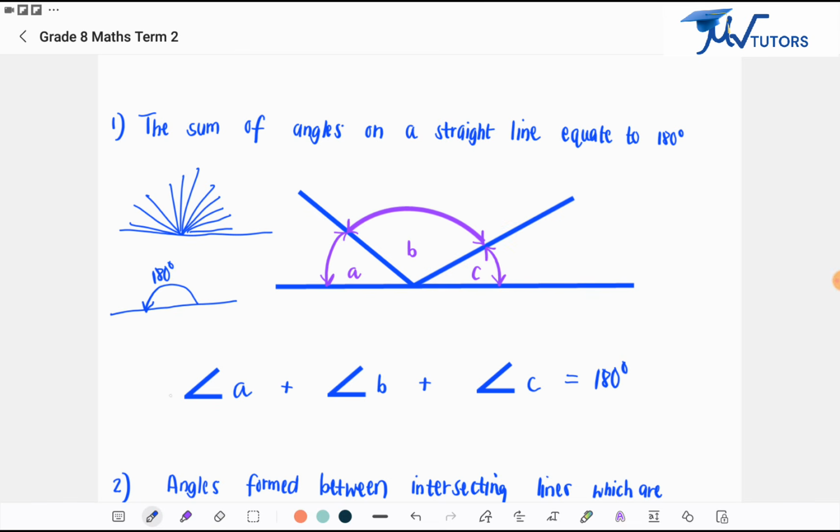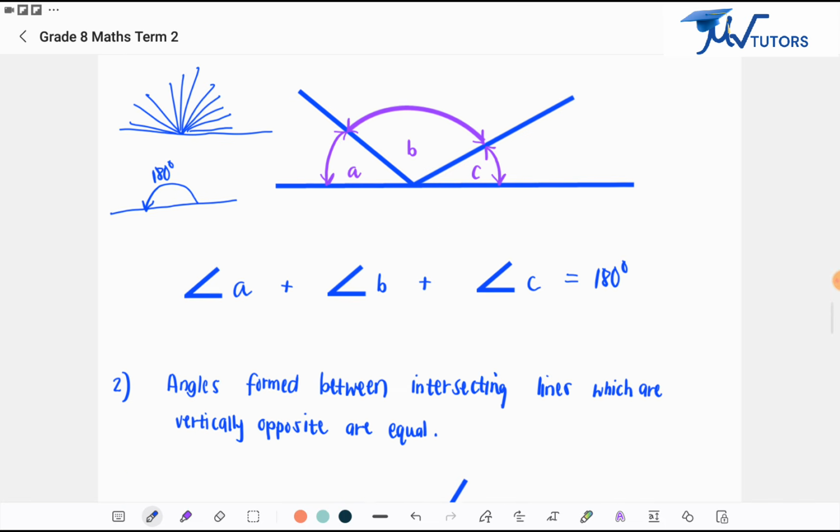And basically, if you were to have a line and you have an angle over there, that's why we put it in a slanted manner, and we don't put it like an L. It is slanted. So going forward, if we want to write angle in a simple manner, we're just going to use a slanted L. All right, so angle A, angle B, and angle C all add up or equate to 180 degrees.